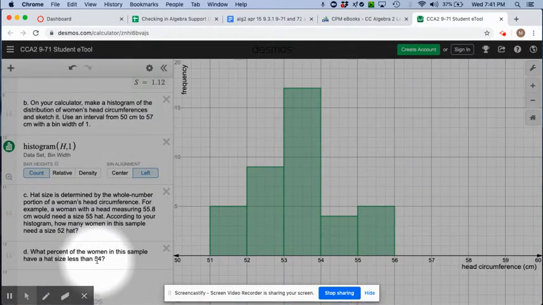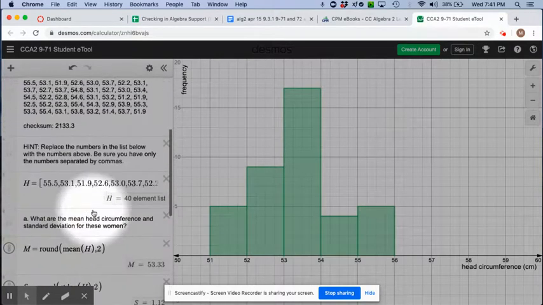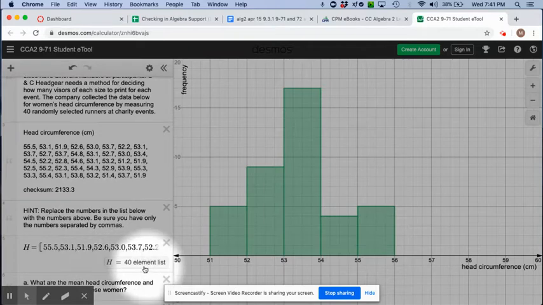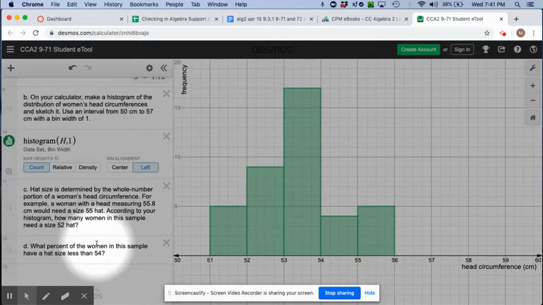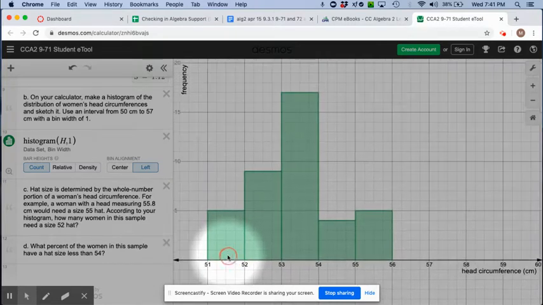And then what percent of women in the sample have a hat size less than 54? So to do this, we have to remember that our sample size, right, is 40. They took the measurements of 40 women. So to get the proportion, first we're going to have to count up how many people were less than 54. So all of this bin, and this bin.